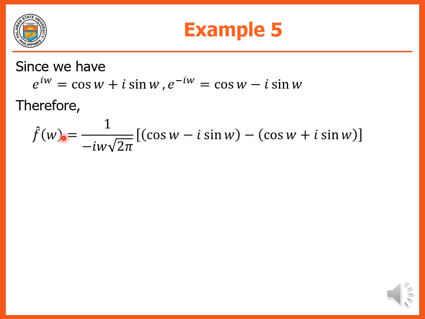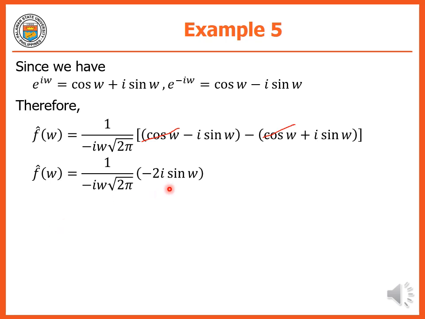Therefore, f hat of w is equal to 1 over negative i w times square root of 2 pi times cosine w minus i sine w minus cosine w plus i sine w. From here, we can cancel cosine w since cosine w minus cosine w is 0. And then we will now have 1 over negative i w square root of 2 pi times negative 2i sine w.